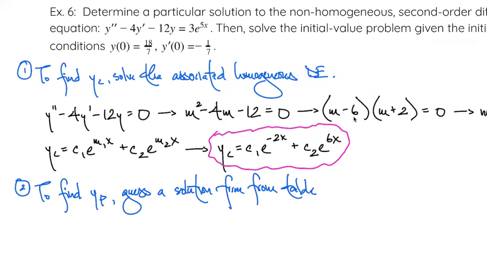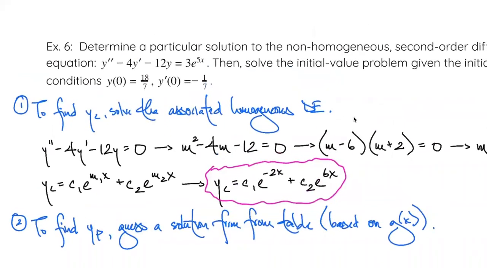This is based on your g of x, on whatever is making it not homogeneous.